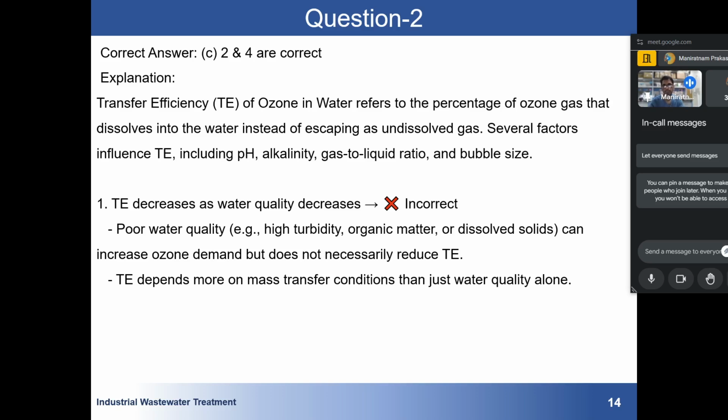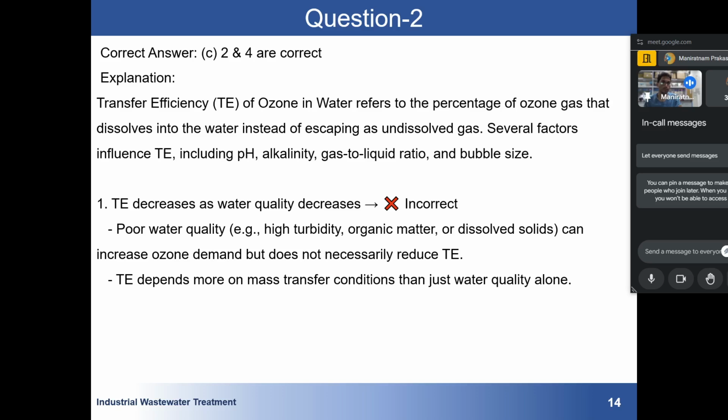The first option was that TE decreases as water quality decreases. This is incorrect. Suppose we have poor quality water with high turbidity, high organic matter, or high dissolved solids, then there is a chance of high transfer of ozone gas.